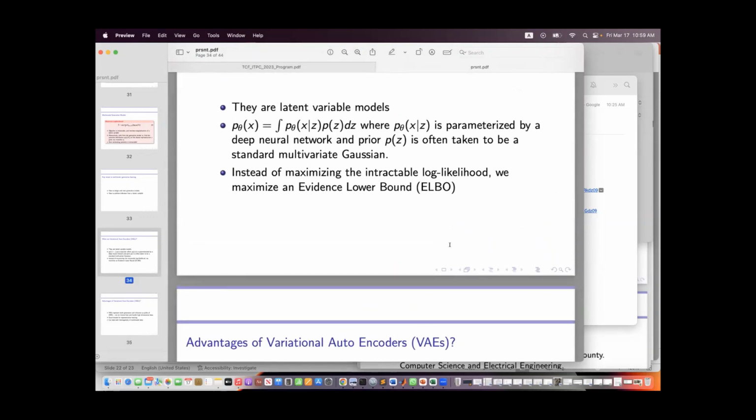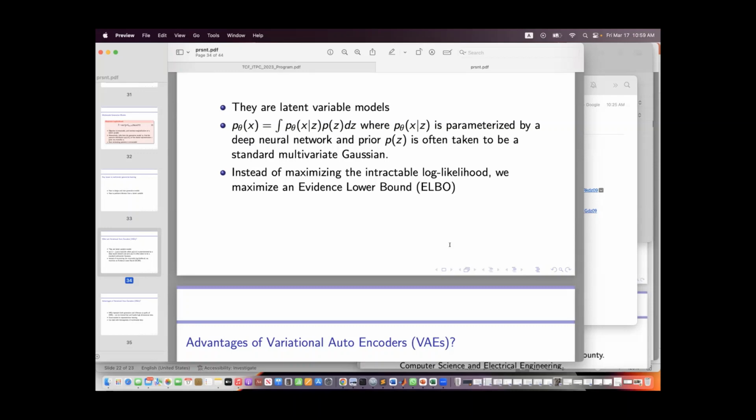These are again a kind of latent variable model where we use probabilistic learning to figure out how we maximize the expectation of that data point given the parameters of our model.